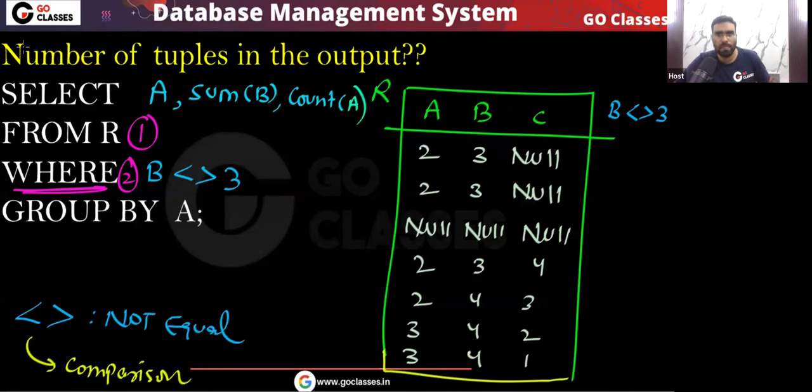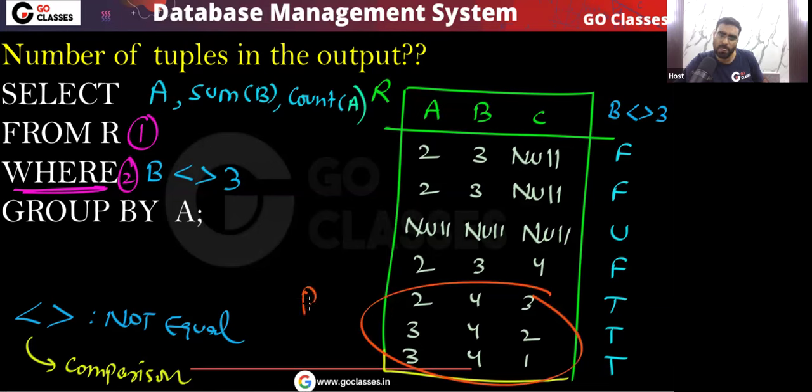For this tuple, will this condition be true or false? Here, this will be false. Here, false. Here, unknown. Here, false. Here, true. Here, true. Here, true. So only these three tuples will pass. All the remaining tuples have already failed.